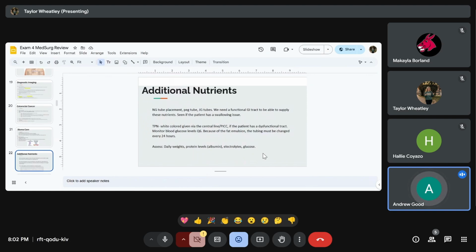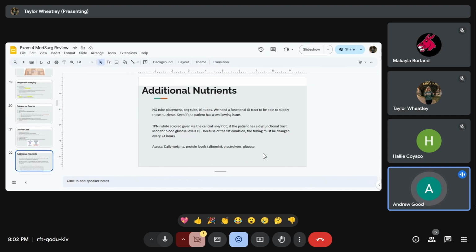Some additional nutrients. I put these in here. I don't remember if this one's on the exam either, and there wasn't a whole lot of information about the additional nutrients. NG tubes, PEG tubes, J-tubes, they're all able to supply nutrients, especially seen in patients who have swallowing issues.